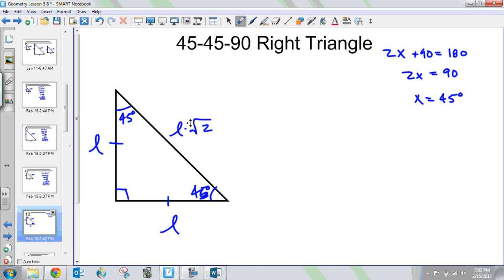This is the definition of a 45, 45, 90 right triangle. We're going to use this a lot. You'll see this on the ACT exam a lot. You will see it once you get into Advanced Algebra 2, trigonometry, and even calculus. We use this relationship all the time. It's a very, very powerful thing to know.